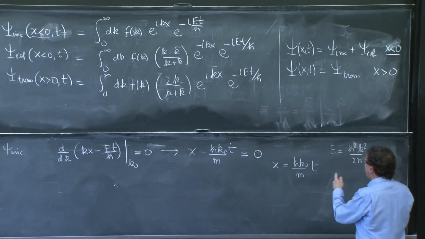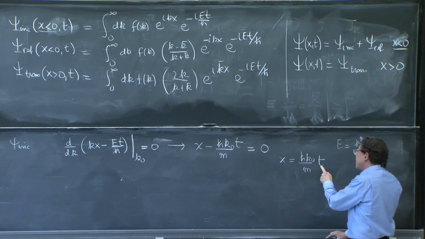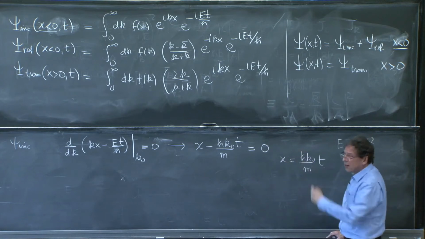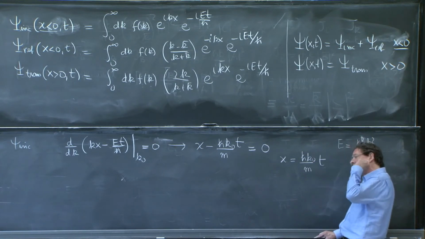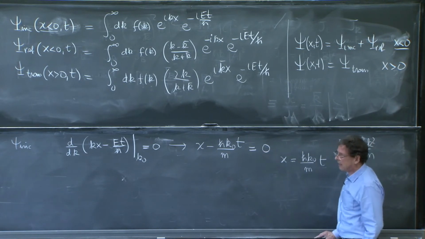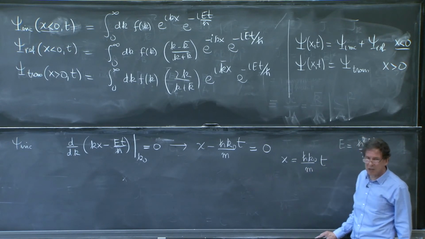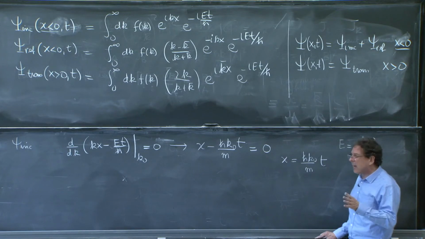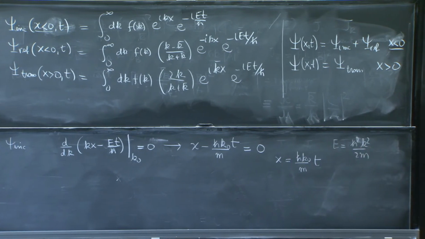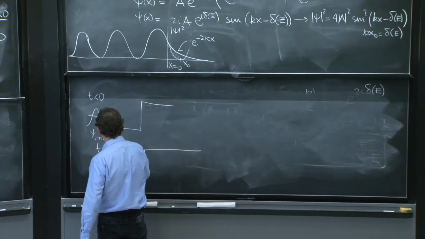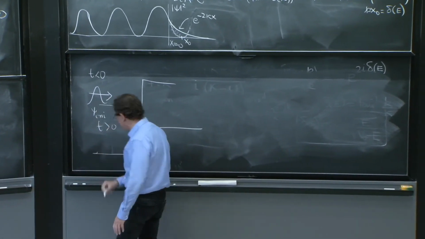When t is positive, you get something if you have positive x. But ψ incident is only for negative x. So for negative x, you cannot satisfy the stationarity condition. And therefore, for negative x and positive time, t positive, ψ incident is nothing.